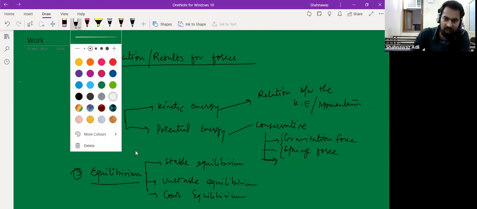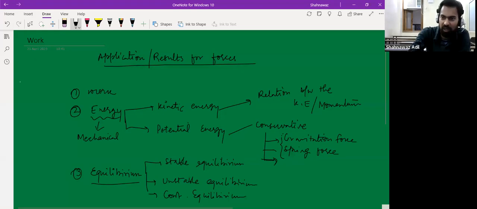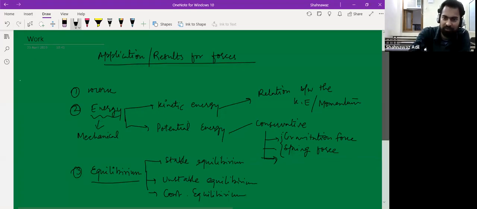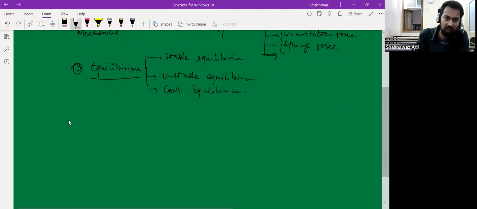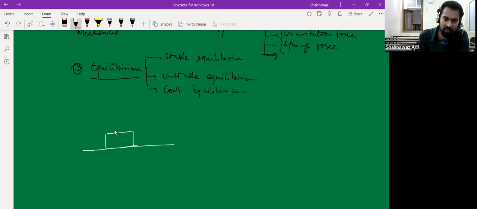So let's say this is an object and you apply some force on it, from this side or any side. You apply some force and it displaces.